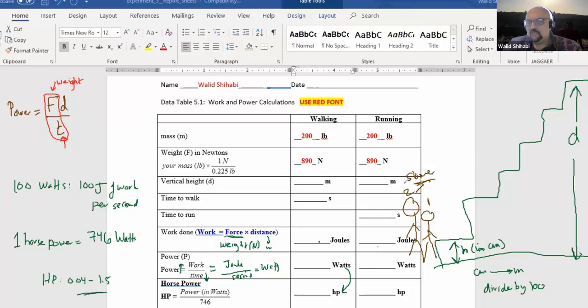So if person 2, for example, has 3 times the weight compared to person 1, and twice the time, 2t compared to t, which one will have more power, person 1 or person 2?